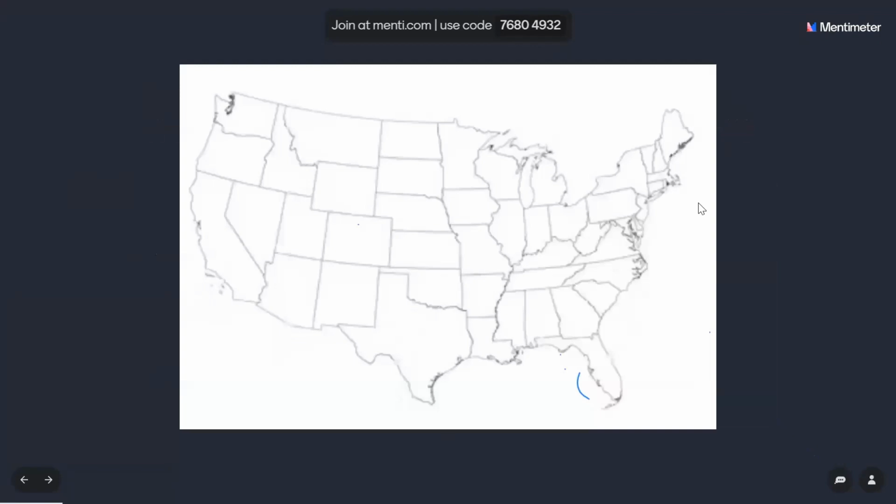Just to make sure that everybody is able to use the device appropriately, go ahead and pin your current location on the map. If you are not in the continental United States, you can place yourself out in the Atlantic or Pacific Oceans, depending on which direction you might be. And we'll see where we're drawing people from today.